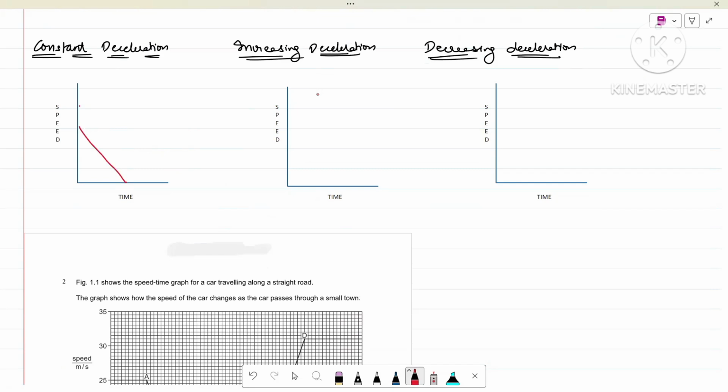So when speed is decreasing and its gradient is increasing, you will draw this graph. Decreasing deceleration means speed is decreasing, but its gradient is decreasing. So you will draw this graph. This will be the graph for decreasing deceleration.